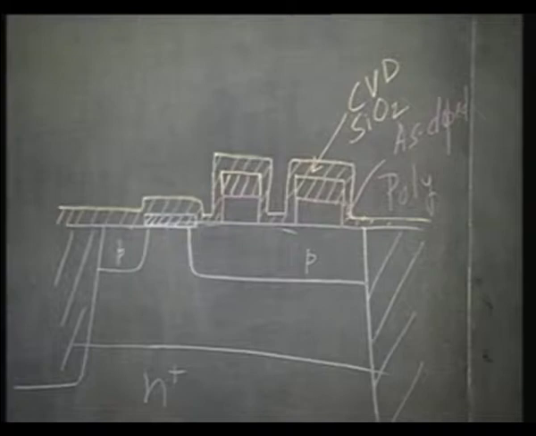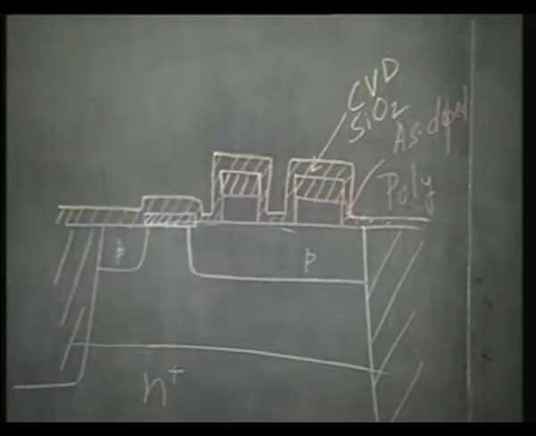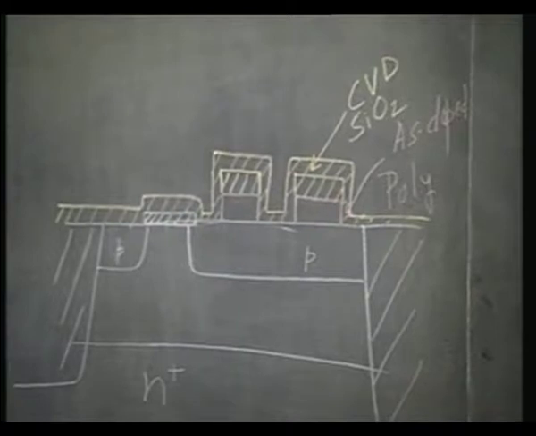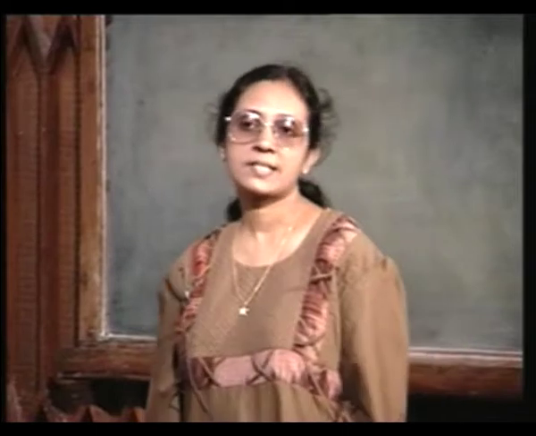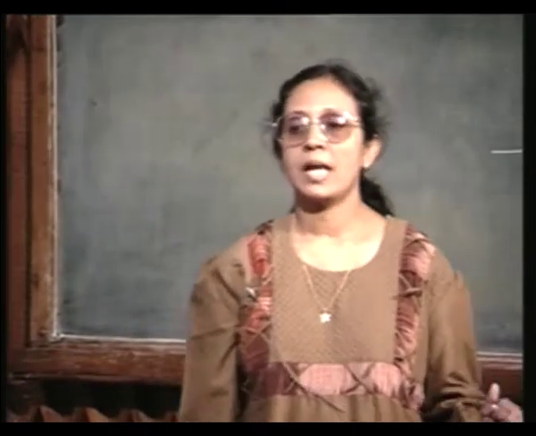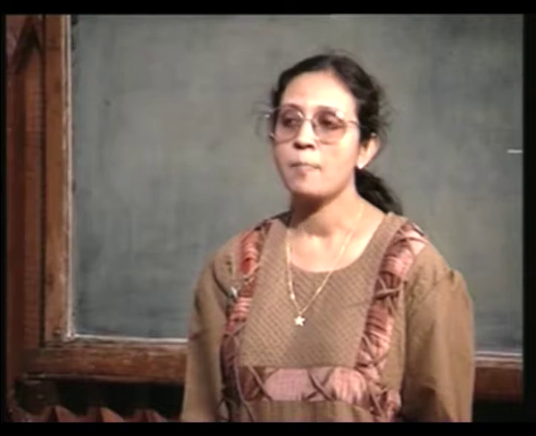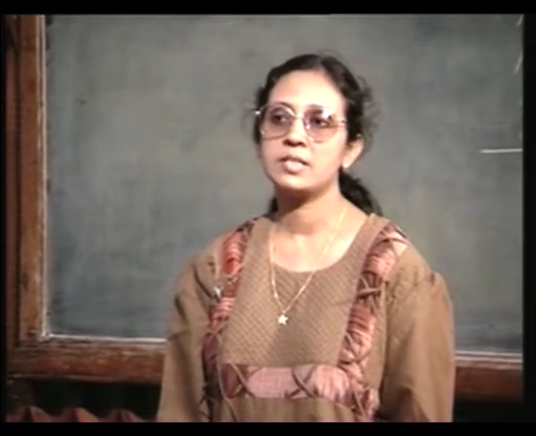So, I have two layers of CVD SiO2. The first CVD layer was put on top of the arsenic doped poly and patterned so that only the poly region has a cap of CVD SiO2. In the next step, I have deposited another layer of CVD SiO2 all over the place. Now, my next step is to anisotropically etch part of this CVD SiO2 layer.